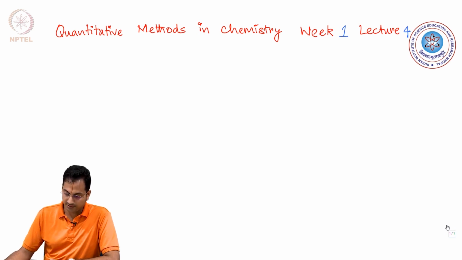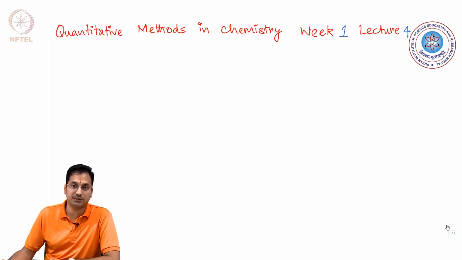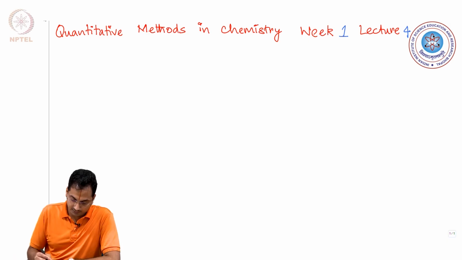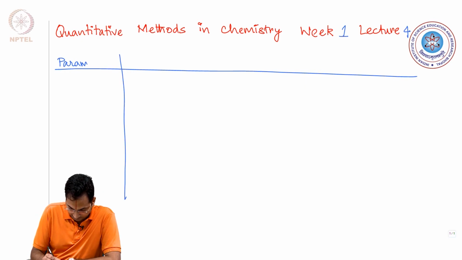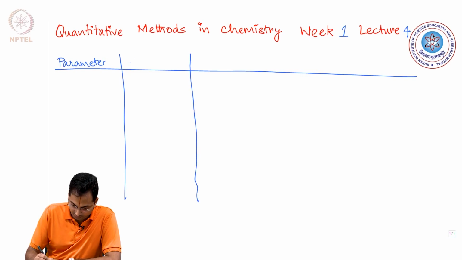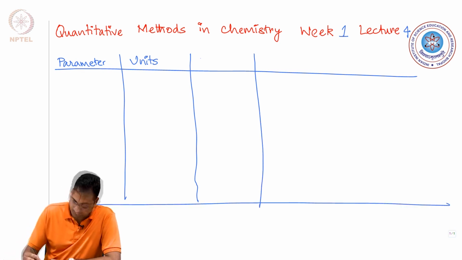Let us start by summarizing, or rather comparing, the different units of concentration that we have discussed in this class so far. So, I am going to make a large table, hopefully that is going to help us understand how things go. So, first one is the parameter, next one let us call it units, followed by temperature, density.